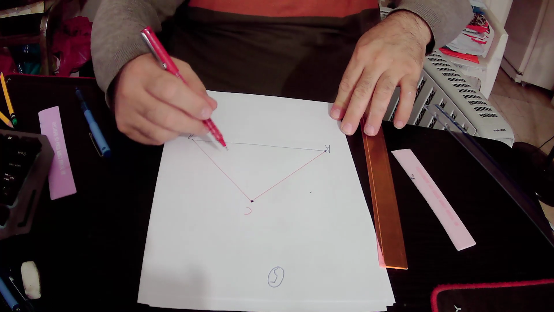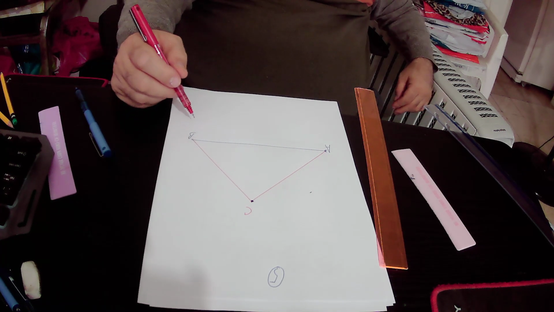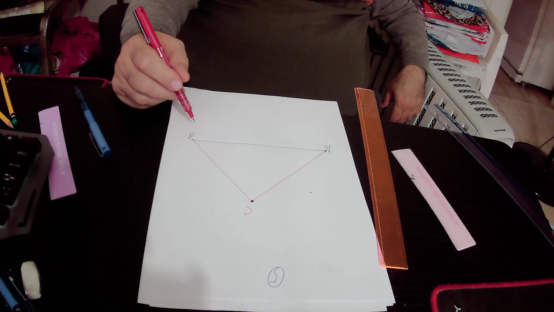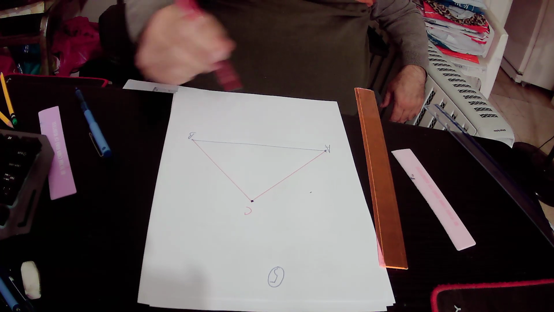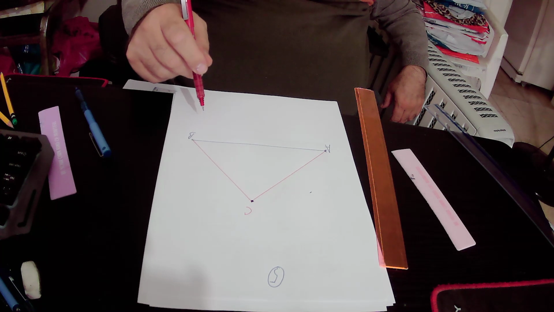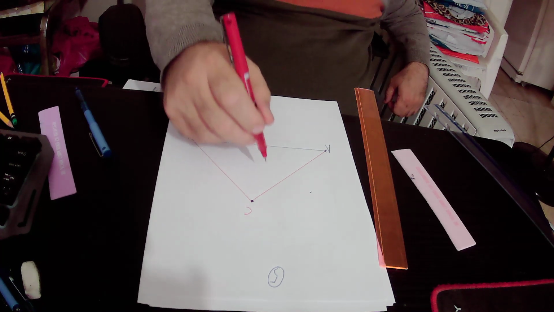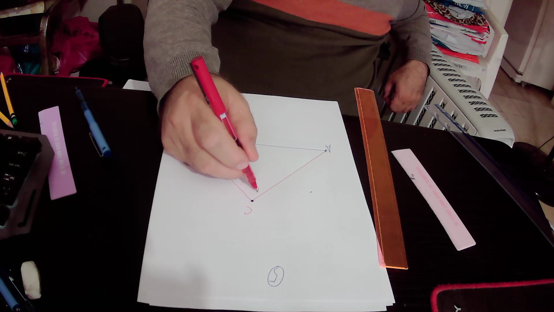actually angle ACB subtends on line segment AB, or angle ACB rests on line segment AB, and it equals theta.